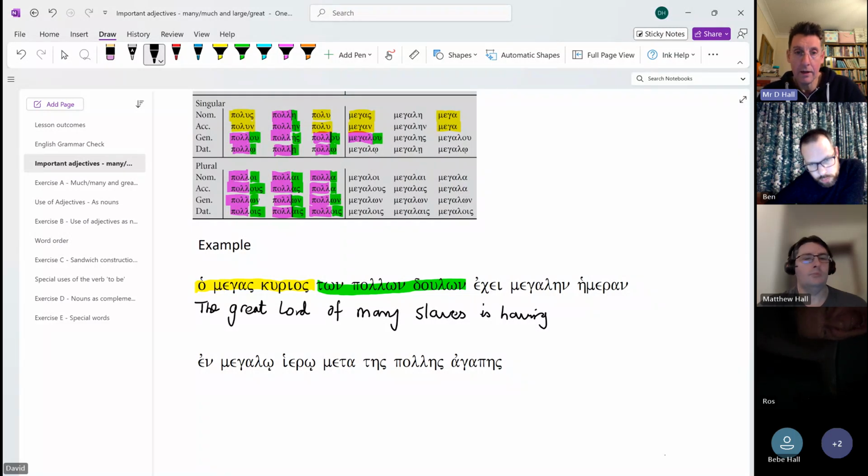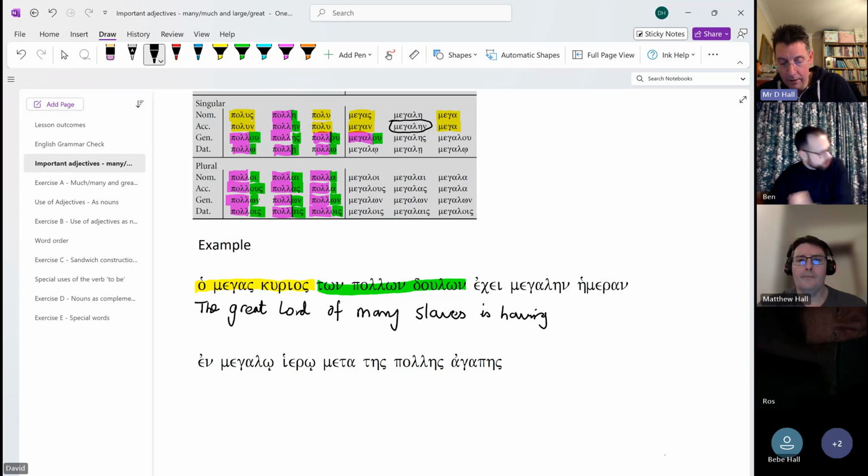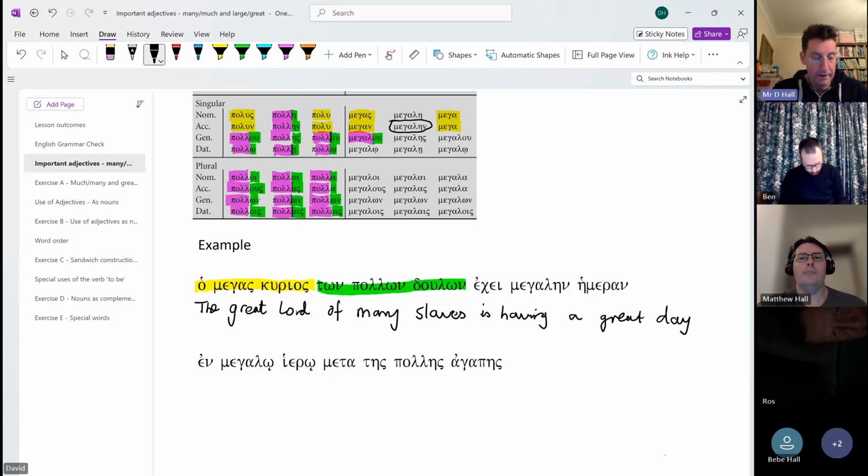It is a feminine noun, and therefore, if we want megan, the megas, to link with that, then it needs to have its feminine accusative singular, so megalen. All right, so it's having. We've got no article, so we'll just keep it as indefinite. Having a great day. Hopefully you guys are having a great day as well. Right, so the great lord of many slaves is having a great day.